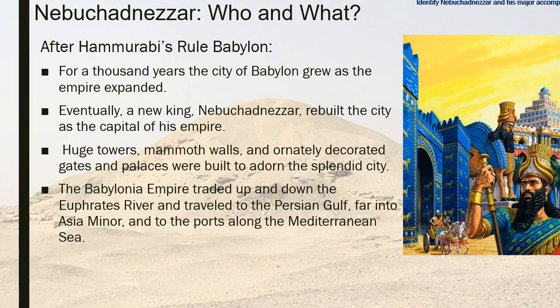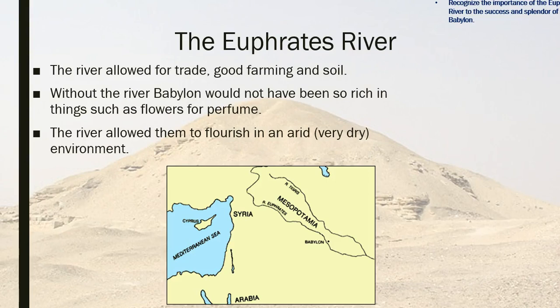And also, he utilized the benefits of the Euphrates River, and also helped to create some wealth for Babylon through that. Because if we're looking at Babylon here on the map, you see right there's the little dot. It's along the Euphrates River, and remember, anytime we talk about rivers, especially in this area, any city, any civilization, any empire built along a river is going to have some benefits, because rivers allow for trade, they help with farming, they help with transportation quickly.